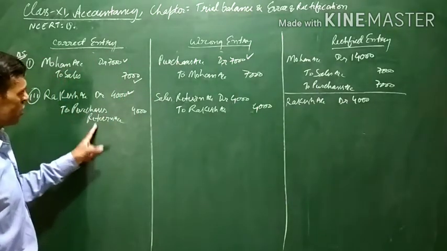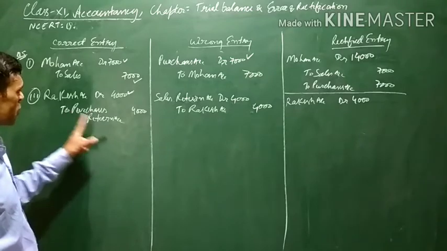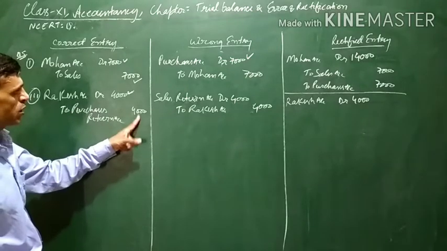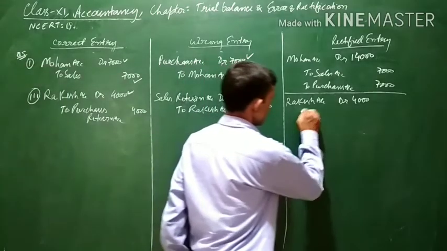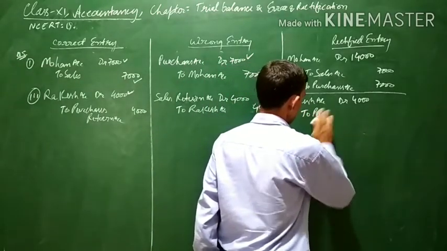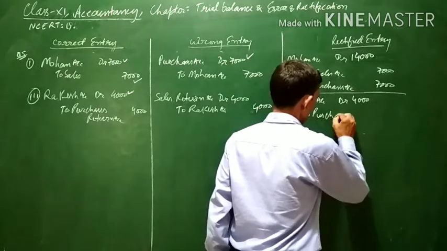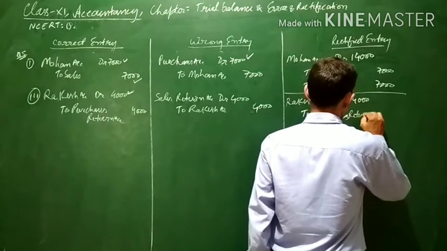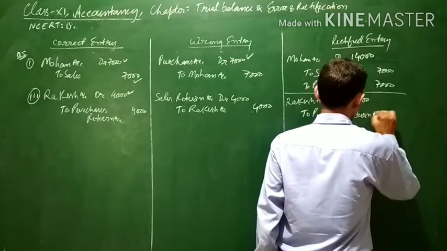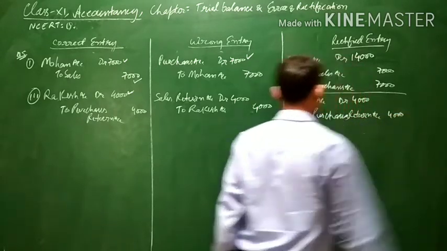Purchase return is to be credited. The correct entry is what? Purchase return should have been credited, but there is no credit of purchase return. So we will do here, right here, purchase return account credit to purchases return account, 4,000.